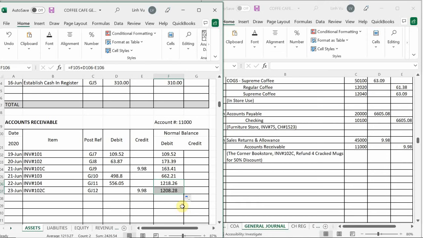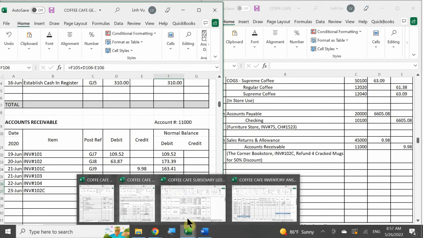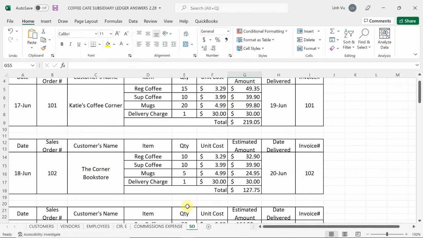That should give you $1208.28, about $10 less. So now the next one is updating the subsidiary ledger, because now the corner bookstore owes me less for a particular invoice.